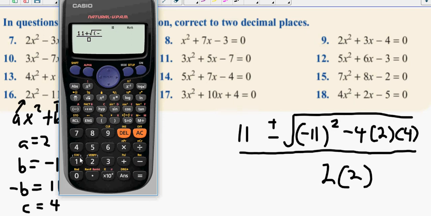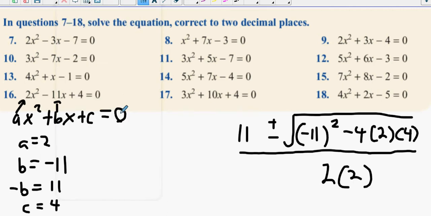So minus 11 squared minus 4 times 2 times 4 all over 2, bracket 2. I'm going to write down probably 2 answers for this. So 11 plus root 89 over 4, otherwise known as 5.11. So my first answer is x equals 5.11.